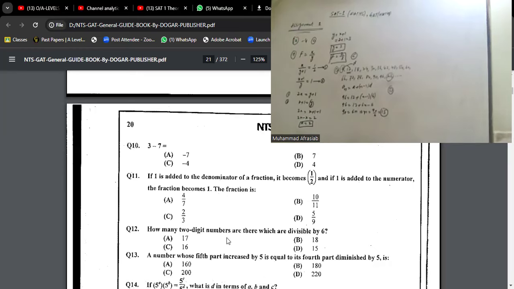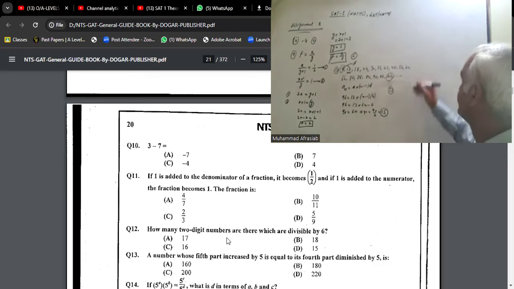Then we are going to solve the next part, question number 13. A number whose fifth part is increased by 5 is equal to its fourth part diminished by 5. So these are the word problems. Let the number be x.